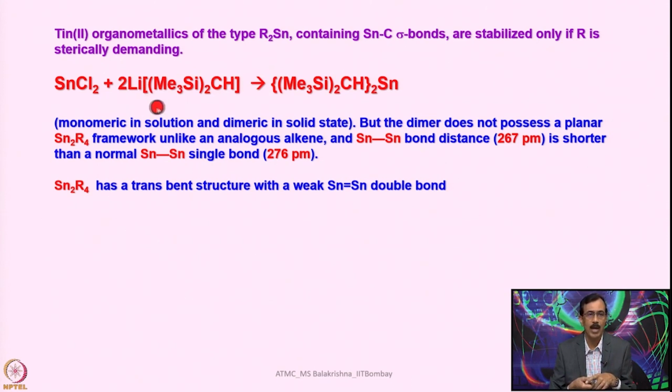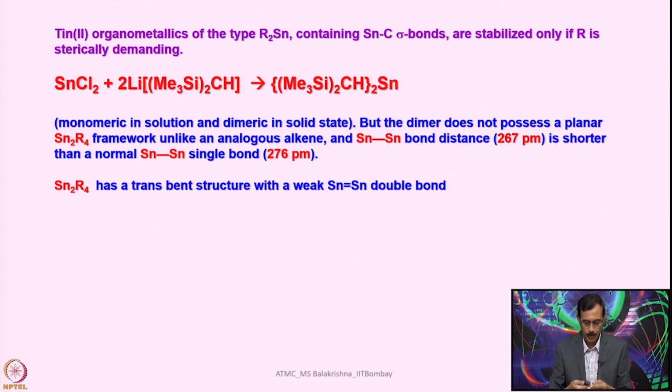One such example I have shown here: when you react SnCl2 with a very bulky ligand such as this one, it forms a di-coordinated tin compound, which is monomeric in solution but dimeric in the solid state. But the dimer does not possess a planar Sn2R4 framework, very similar to ethylene. The ethylene molecule is planar, you can see it simply like this.